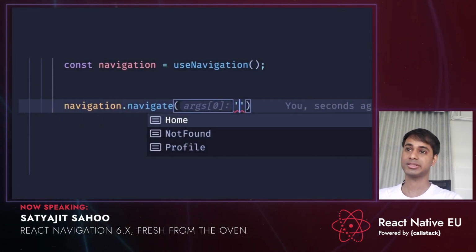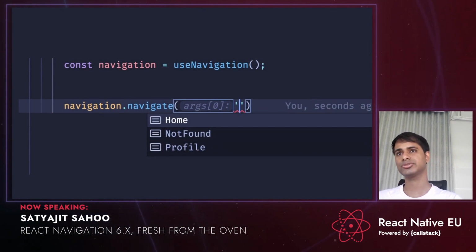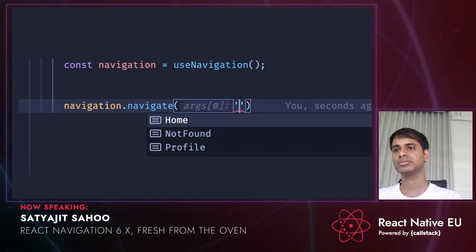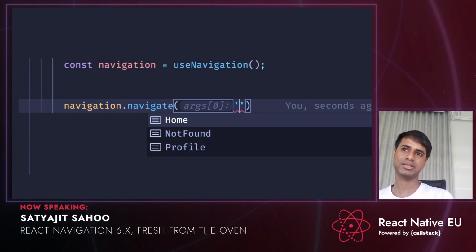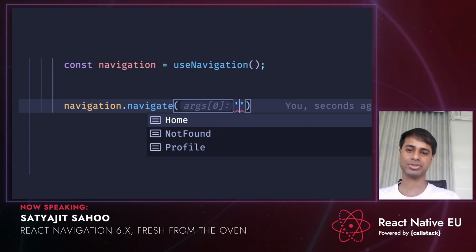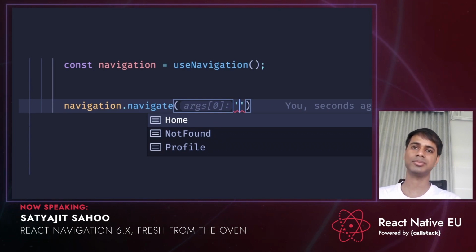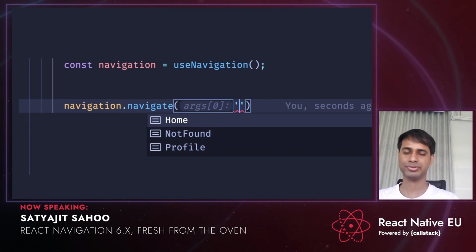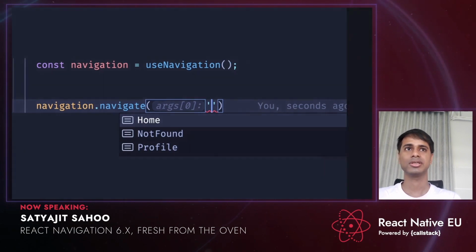So now in React Navigation 6, you do not need to annotate useNavigation to get auto-completion and type checking. It is typed by default, but it's not automatic because we cannot know all of the screens in your app automatically. You still need to change one thing, but if you already have typing for your React Navigation screens, it's just very few changes to make this work.